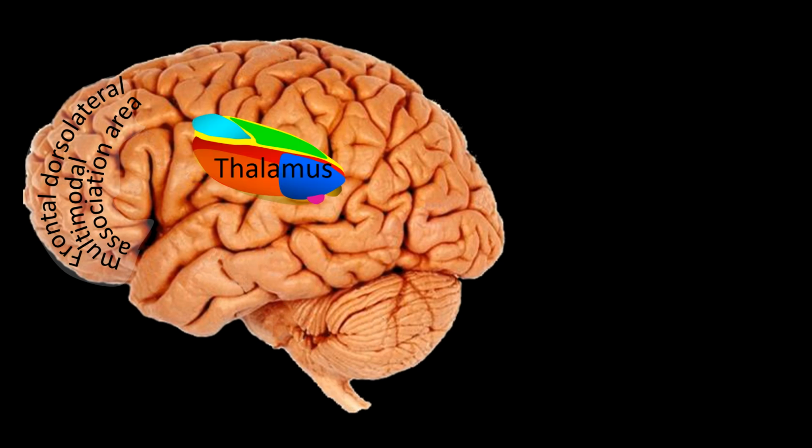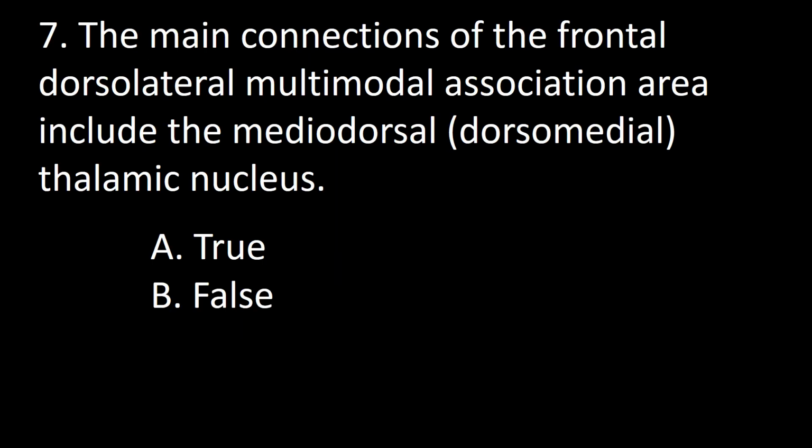As you can see, I have introduced in this frame a representation of the thalamus. The cells in the mediodorsal group have many connections, mainly with the frontodorsal lateral association area, but also to a lesser extent with other prefrontal cortices. So the answer to this question is A.